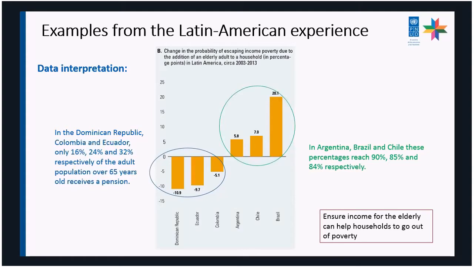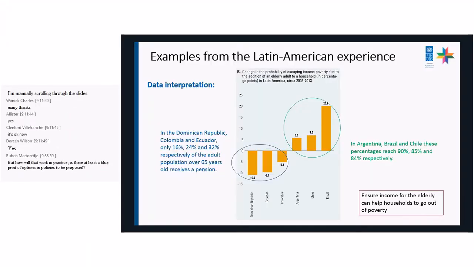The main message should not be, okay, let's have an additional elderly person in the household, let's invite our grandmother to live with us because that will protect us from falling back into poverty. The literal recommendation is not true, and that's the same with that caricaturized example and several other examples.